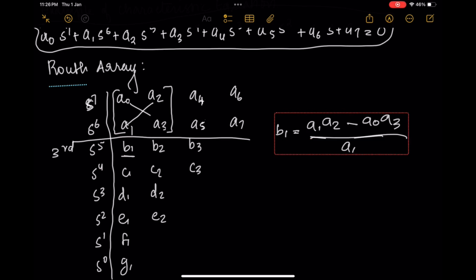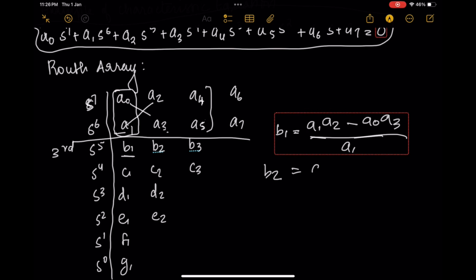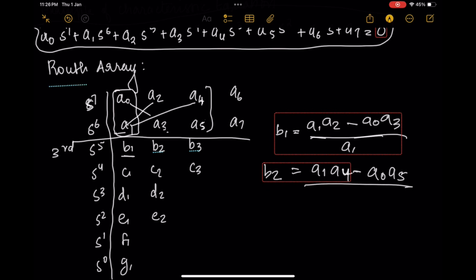Similarly, in order to get B2, I'm going to consider the first column as itself, and then the third column instead of the second. So I will be doing A1, A4 minus A0, A5 divided by A1.